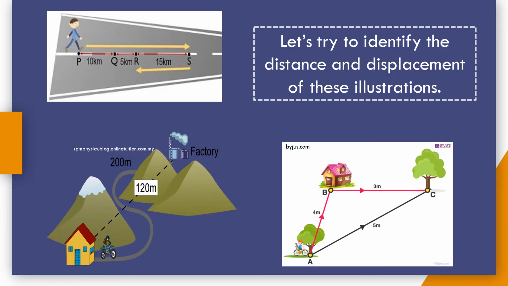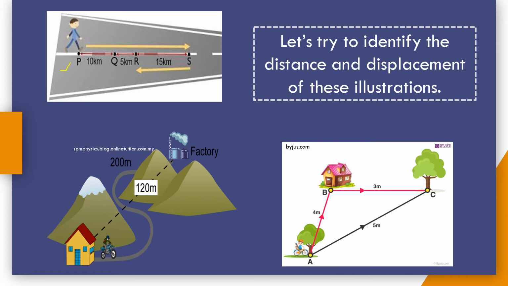So, let us try identifying the distance and displacements from these pictures. So, unahin natin itong picture. Okay, ito. So, from P to S, let us try to compute the distance. So, 10 kilometers plus 5 kilometers, that is 15 kilometers. And then, 15 kilometers plus 15 kilometers, that is already 30 kilometers.